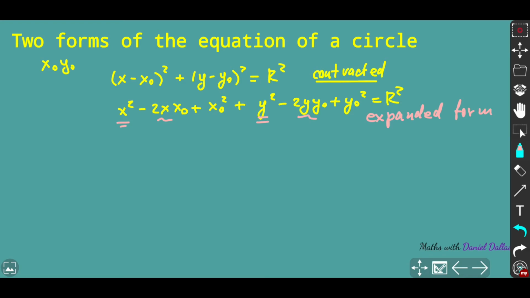But the most common problems on the exams go from the expanded form, and you need to come back to the contracted, standard form of the equation. This is why the contracted form is sometimes called standard form.